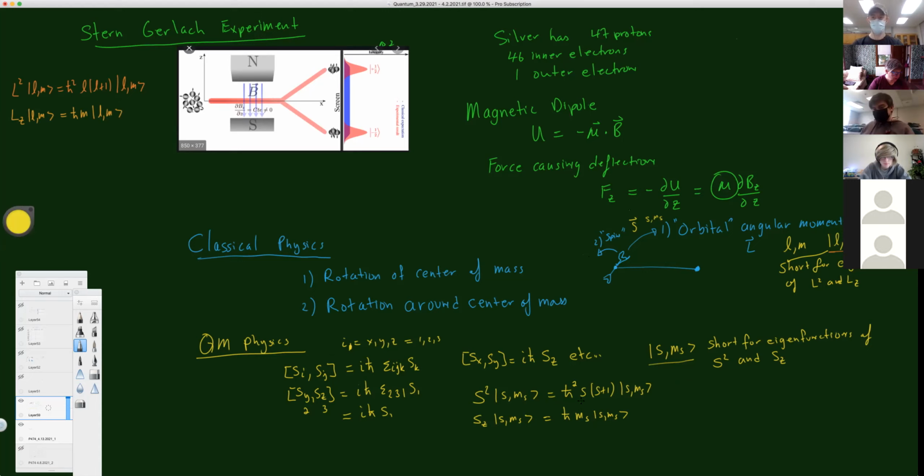Okay. So the difference here is that little s. Remember, l was just integer values, but little s can take on values like this: 0, 1/2, 1, 3/2, etc. So up by factors of 1/2.